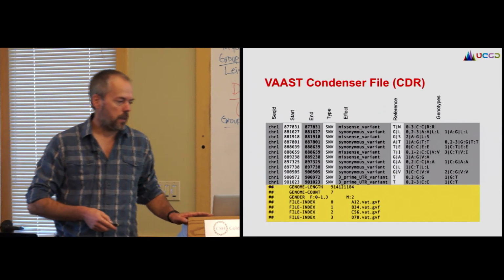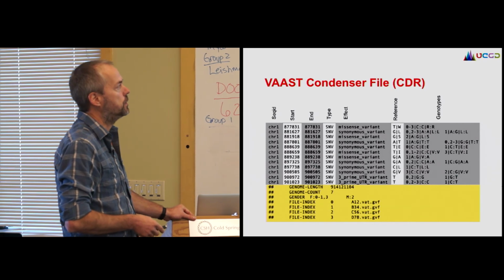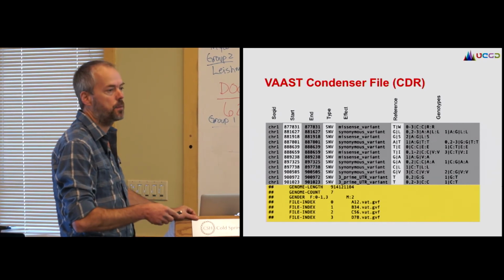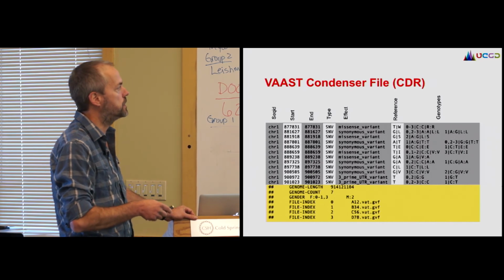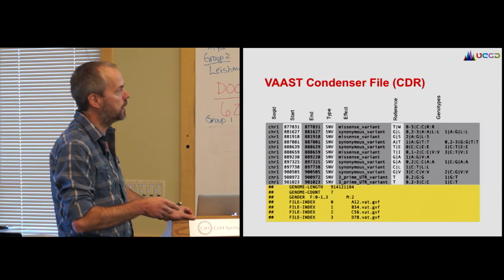And then very briefly, I mentioned the CDR format, and it is less relevant to us as end users, but just to say that it contains that same kind of information that we saw in the VCF file about each variant. It's another, one row per variant, tab delimited flat file format.